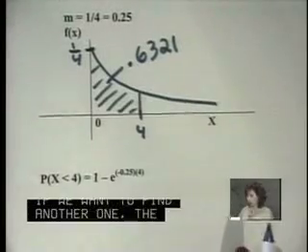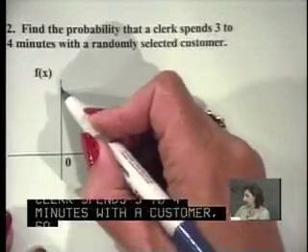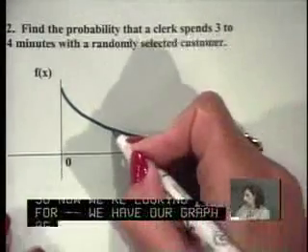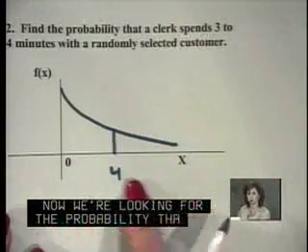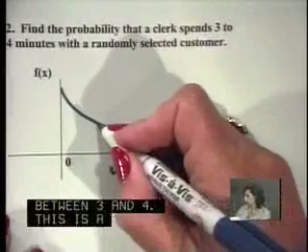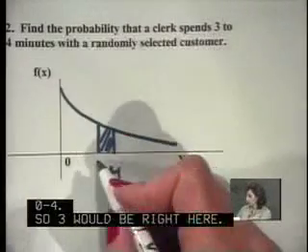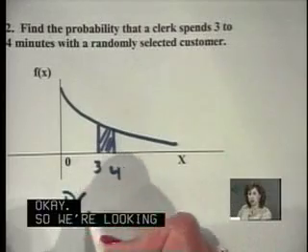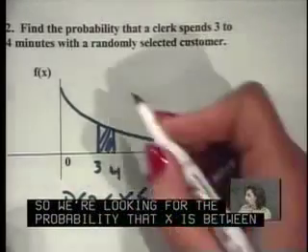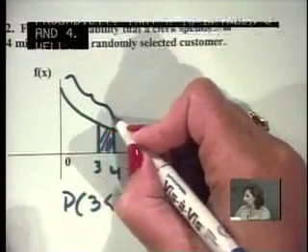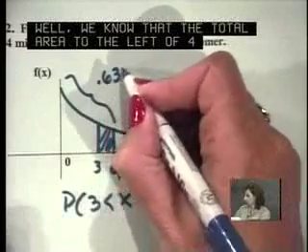All right, if we wanted to find another one, the probability that the clerk spends 3 to 4 minutes with a customer. So now we have our graph again, and we're looking for the probability that x is between 3 and 4. This is a number line, 0, 4, so 3 would be right here. Well, we know that the total area to the left of 4 is 0.6321.